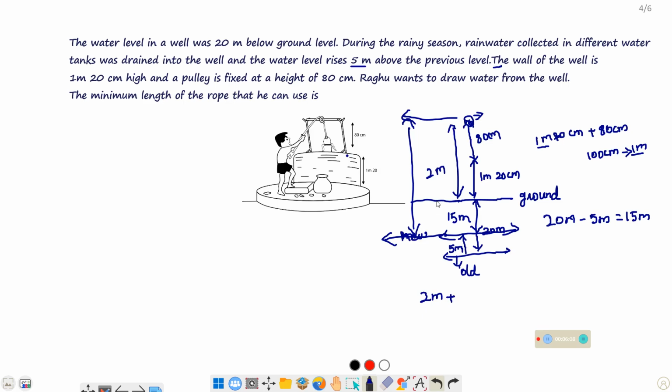And from ground level to the water level is 15 meters. So the minimum length of the rope should be 15 plus 2 meters, which is 17 meters. If the length of the rope is minimum 17 meters, there is a possibility of getting the water from the well. So this is how we have to analyze the question and reach the answer.